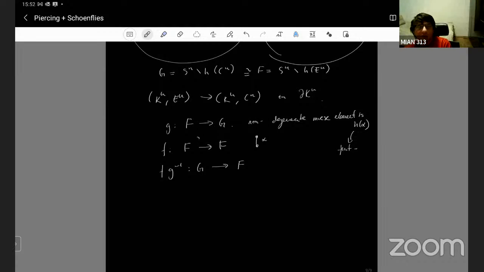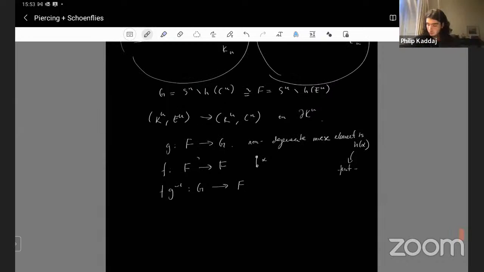You construct two homeomorphisms, two maps F and G, which both have just one non-degenerate point inverse, right? Yes. So their composition, this composition G inverse F, well, it could be a homeomorphism, but what did we want to prove?